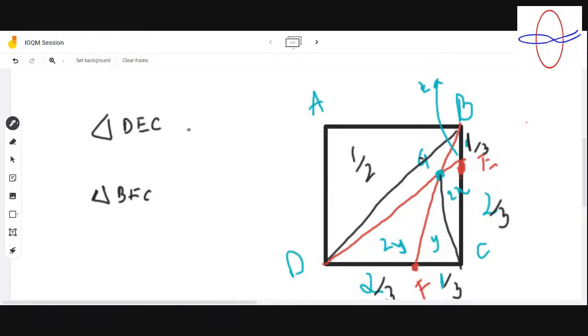Area of triangle DEC is twice y, 3y plus 2x. Area of triangle BFC is 3x plus y. Now DEC: height is 1 and base is 2/3, so it's 1/3 over here. And BFC: height is 1, it's 1/6 over here. Now can you understand what you have to do?